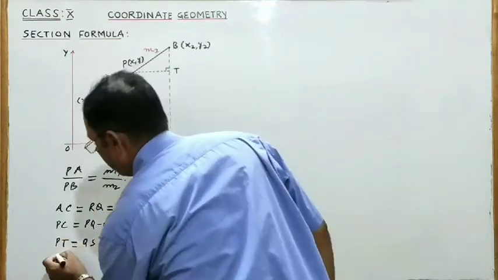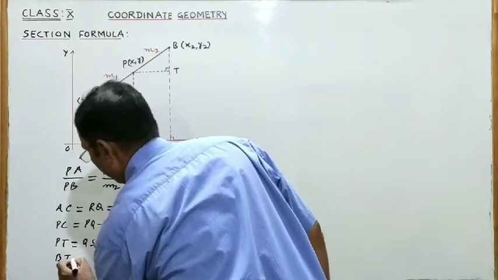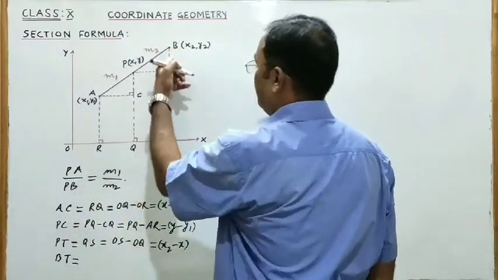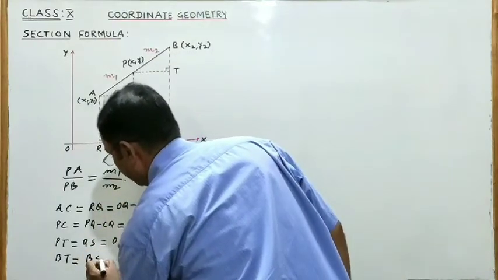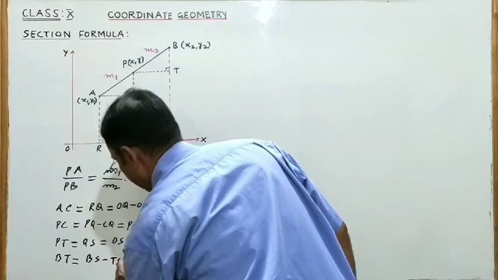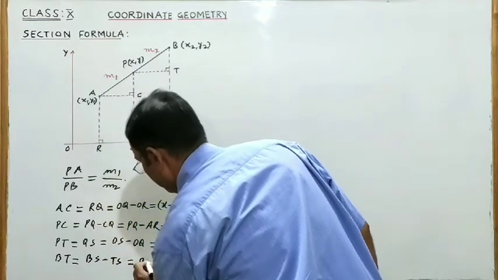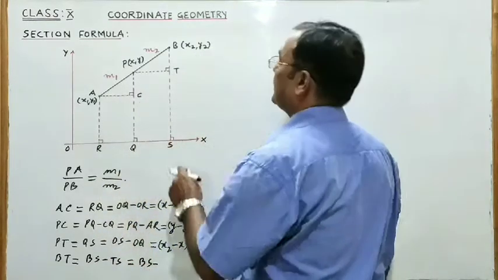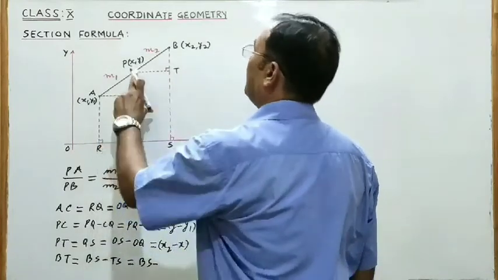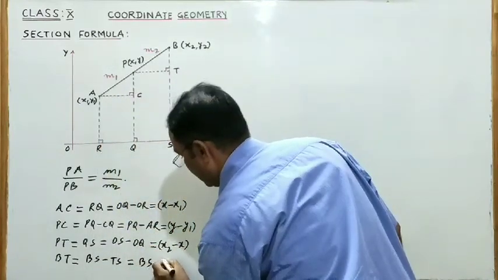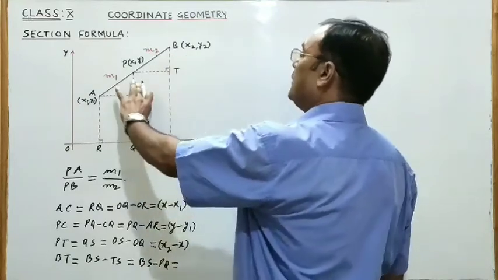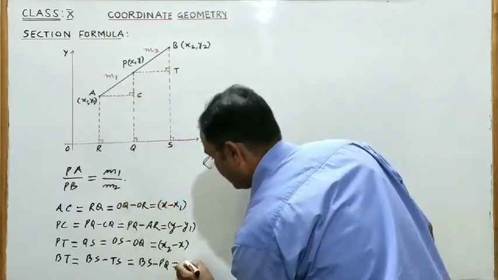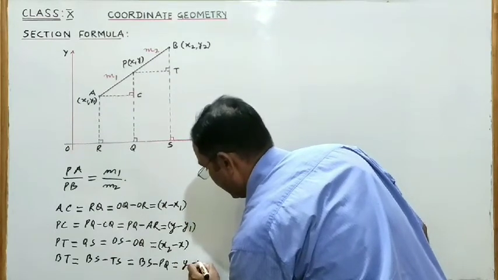BT is equal to BS minus TS, which is equal to BS minus PQ. BS is y2 and PQ is y. So y2 minus y.